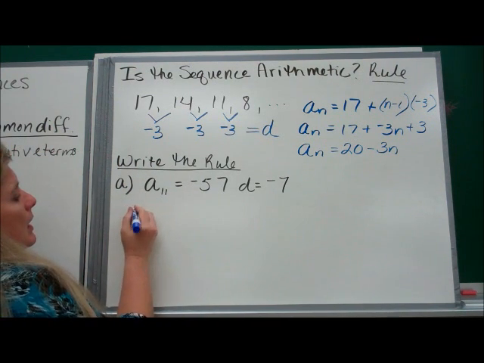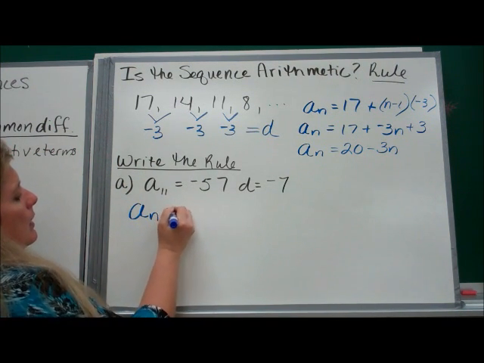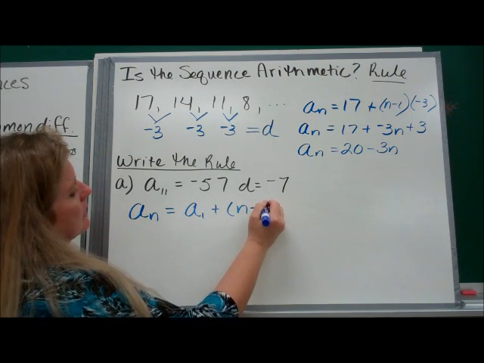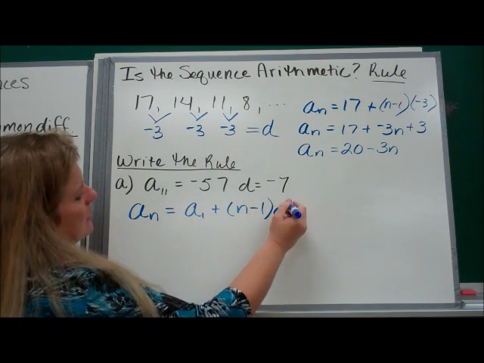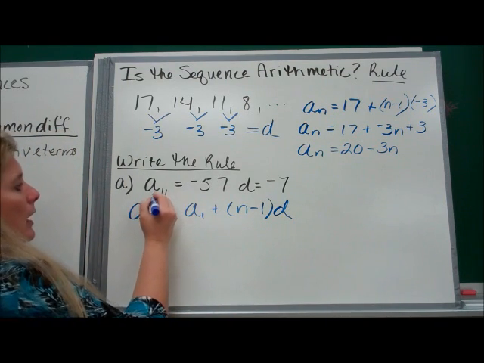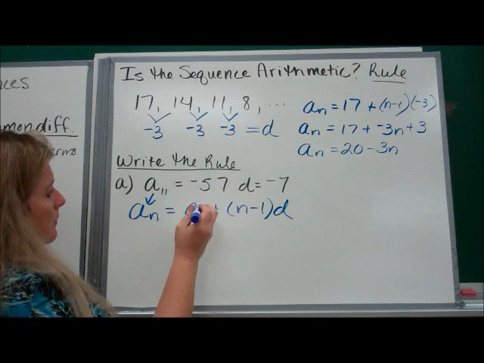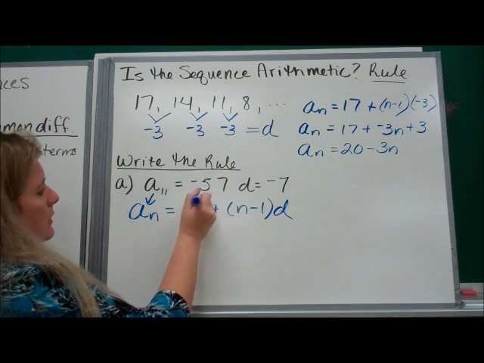So we're going to take a sub n equals a sub 1 plus n minus 1 times d. a sub 11 is going to be here, which is this number.